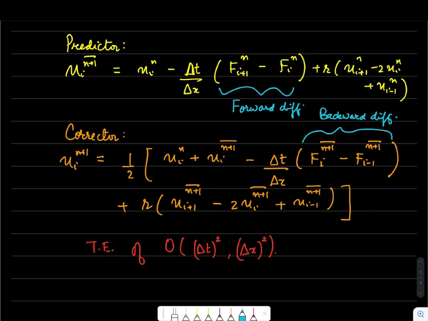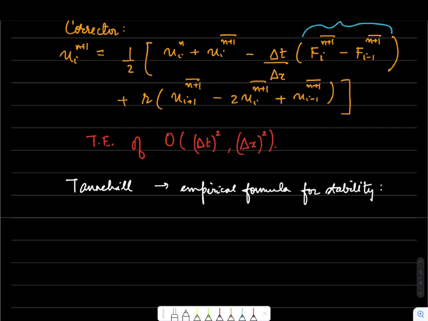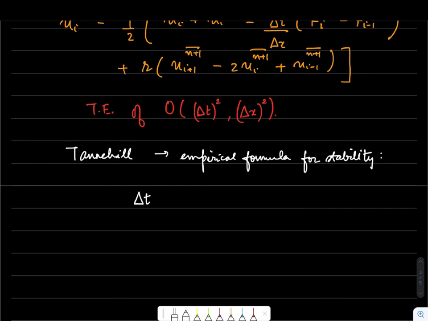This does not have any straightforward stability criteria. However, Tannehill has given an empirical formula for stability, and the formula basically dictates the maximum delta t that should be taken.